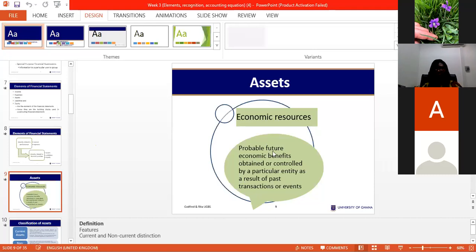When we talk about probability here, there is some level of certainty that whatever resource you have would rake in some economic benefit in the future. But with children, I think there's a lot of uncertainty. Some will get good jobs, others will be struggling. Some will make it and still not give. And so it is not certain, okay?